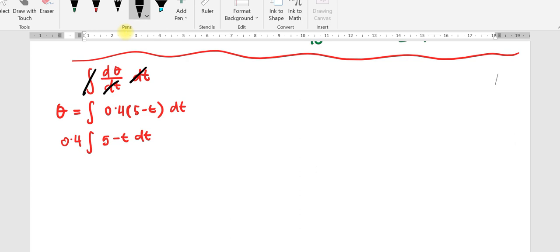Okay, so your theta is like this: 5t minus t square over 2. Don't put x, this is in terms of t. They never give anything to substitute, so I just put plus c.